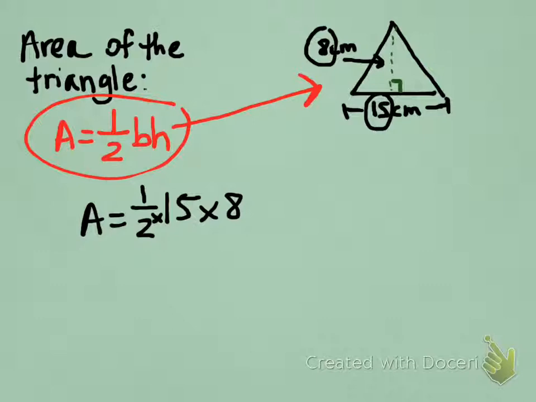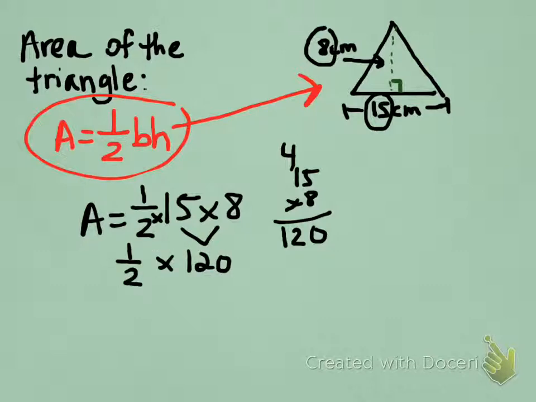Well, we can say 15 times 8, multiply that, and we get 120, but I have to multiply that by half. You can do 1/2 times 120 over 1.